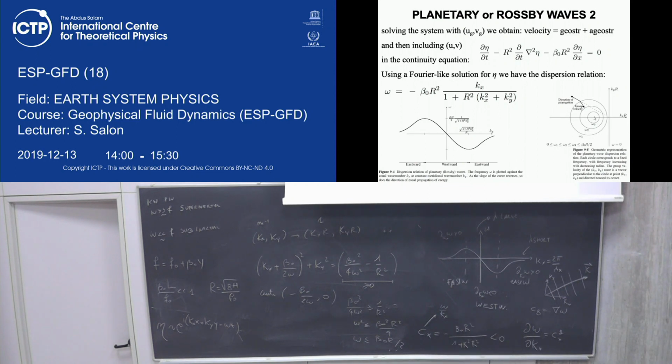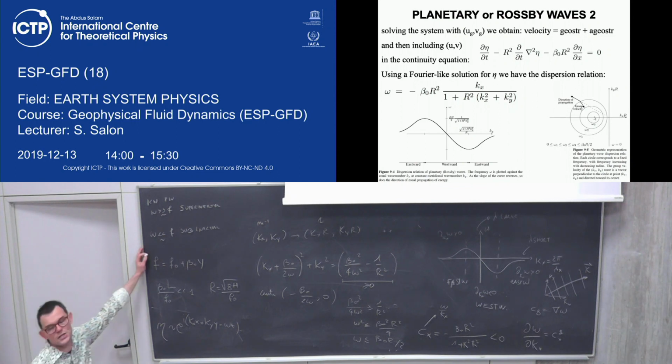Good. So this was the first example, the subinertial barotropic wave, which was very helpful to explain a very important phenomenon characterizing GFD.